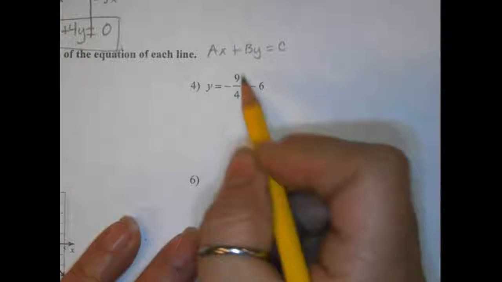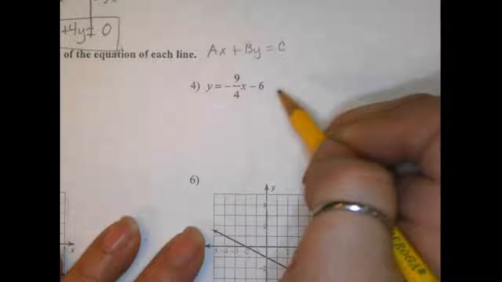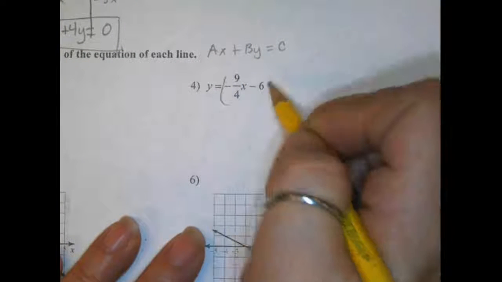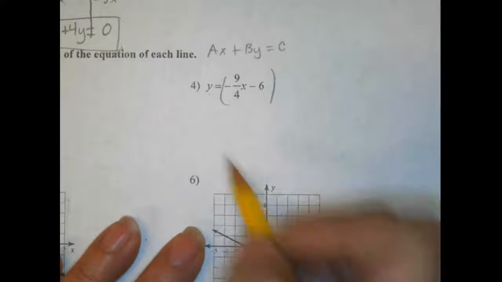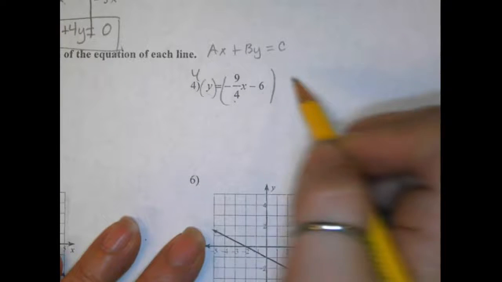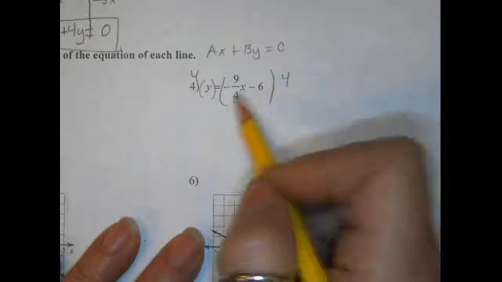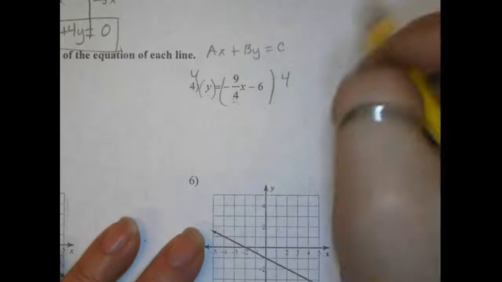I've got this fraction here I need to undo. What do I need to do? How do I undo that division again? I'm going to multiply, right? By what number? By 4, the denominator of this fraction, because my goal is to eliminate those. How do they cancel out?